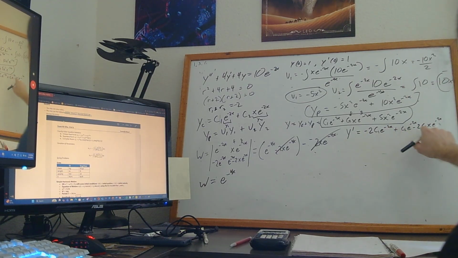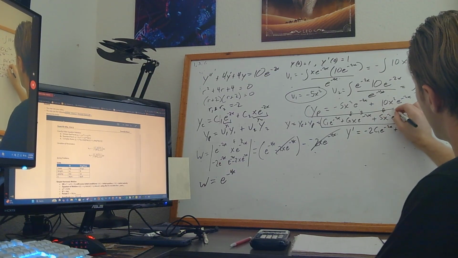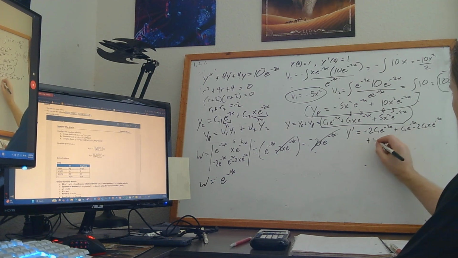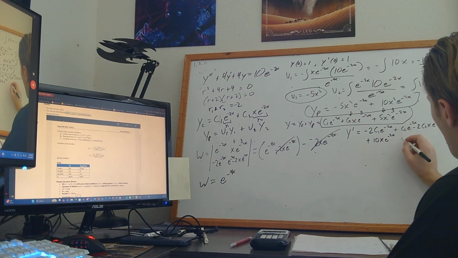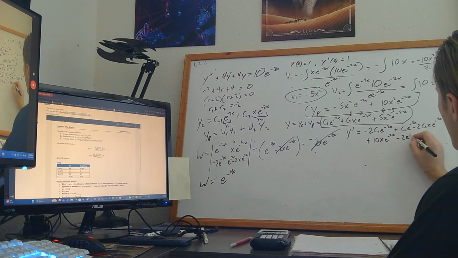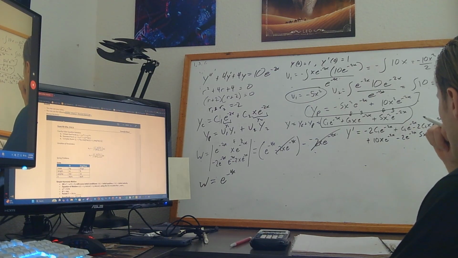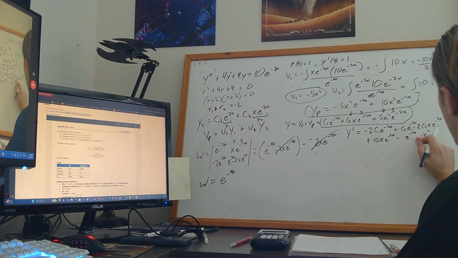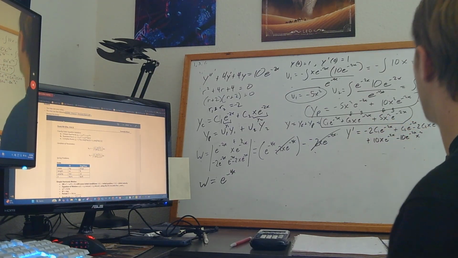Okay, so that's the product rule right there. For that one, then I gotta do product rule for that one too. Plus 10x, so it's gonna be minus 10x times x squared e to the minus 2x, right? Okay.